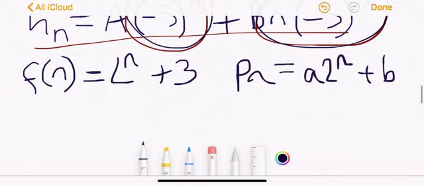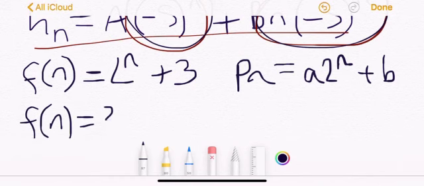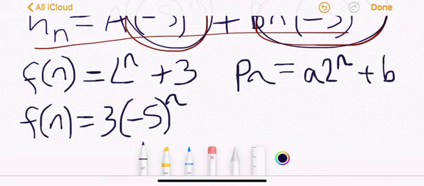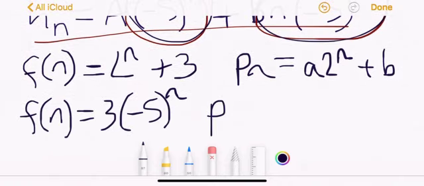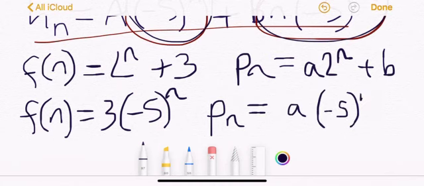But if we had f of n was, say, 3 times minus 5 to the n, then because there is a minus 5 to the n term in f of n, and because that also appears in our h of n, we need to multiply the particular solution through by n. So we would actually get the a minus 5 to the n, but we need to multiply that through by n.